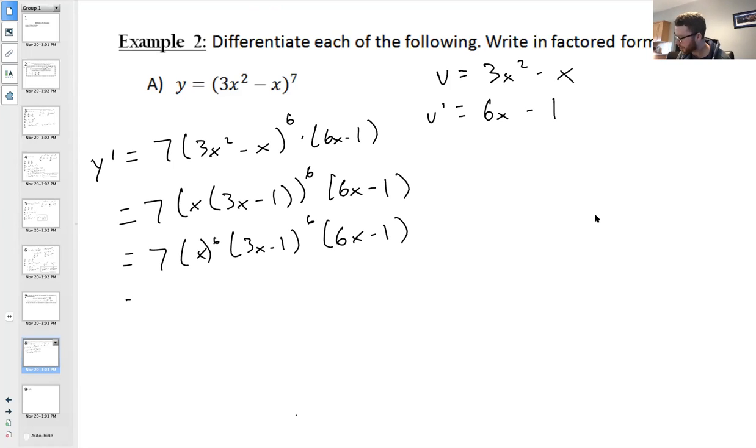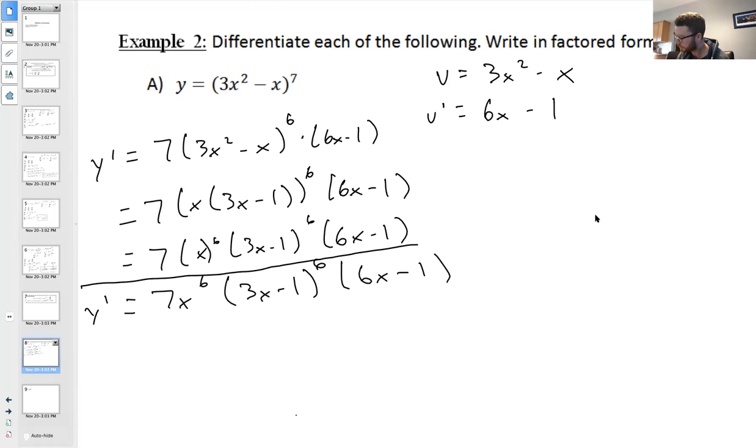And then we can further simplify that. So we'll get 7x squared, final answer.